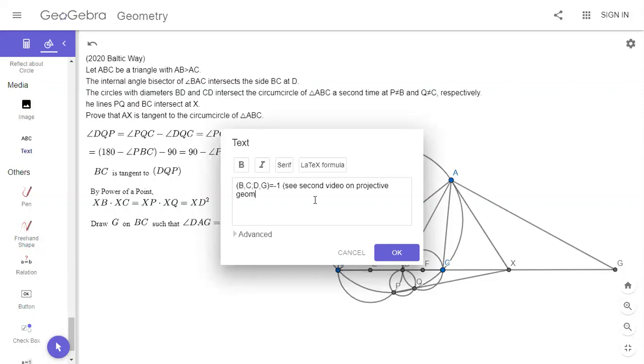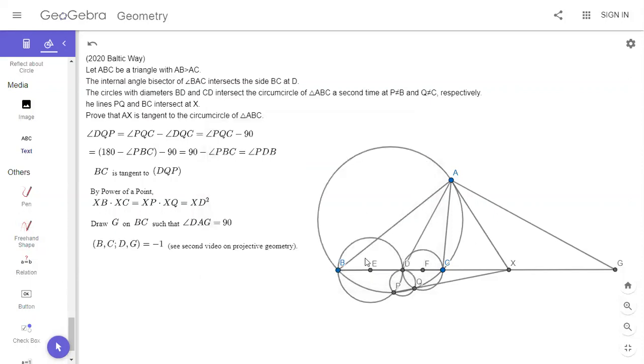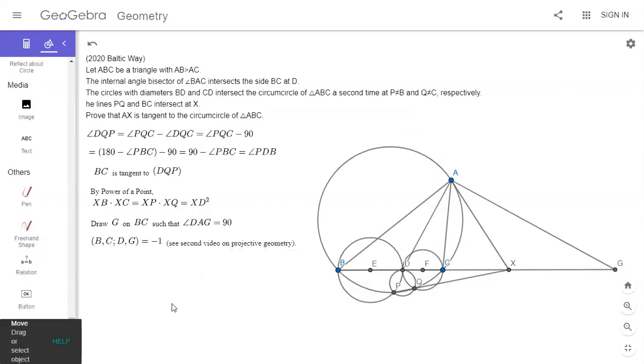I've done this on my channel before, so see my second video on projective geometry. And so that means, let's see, so we have XB times XC is XD squared.